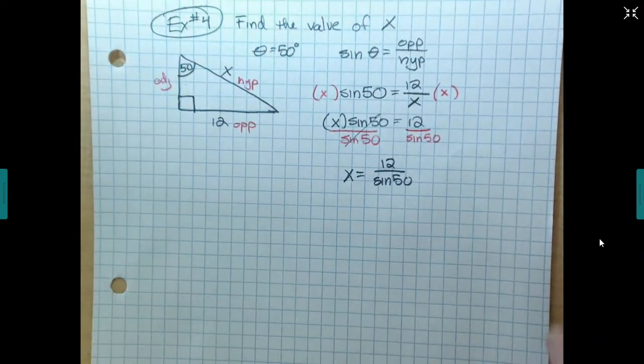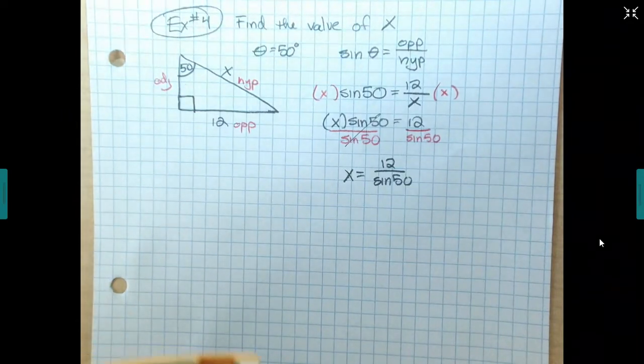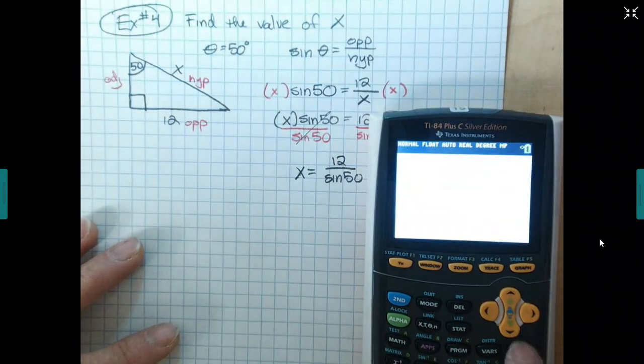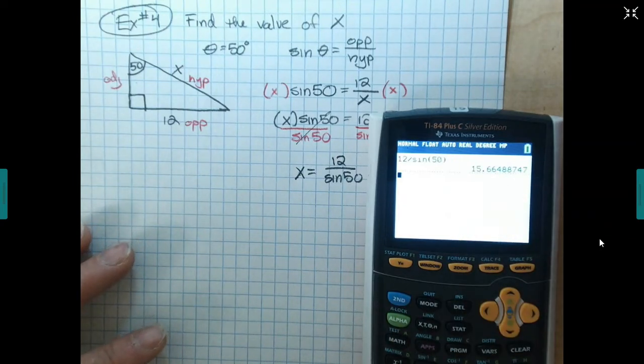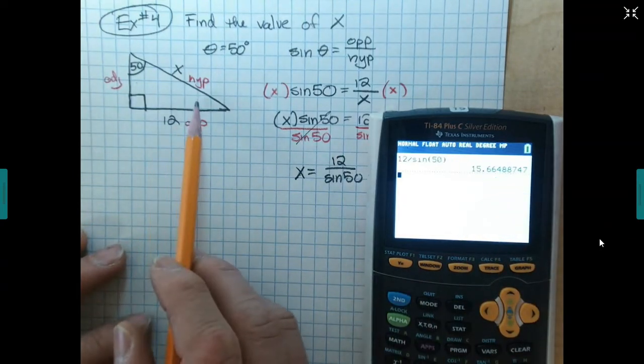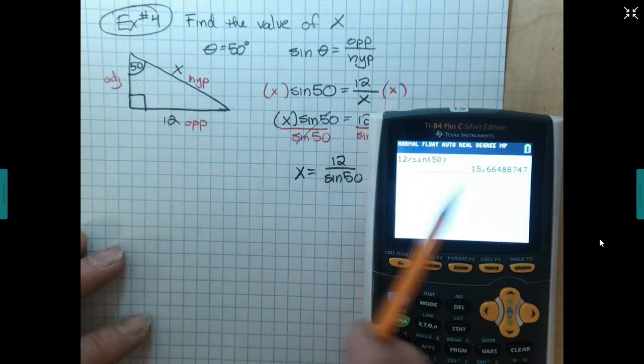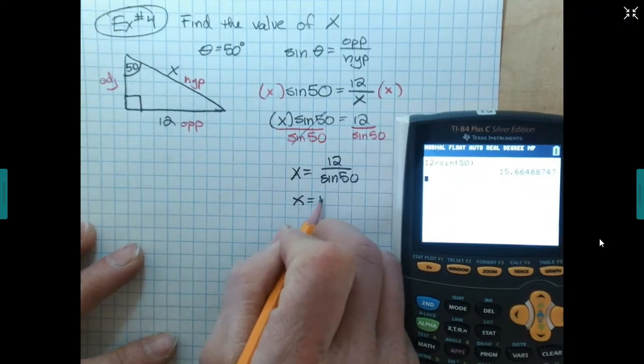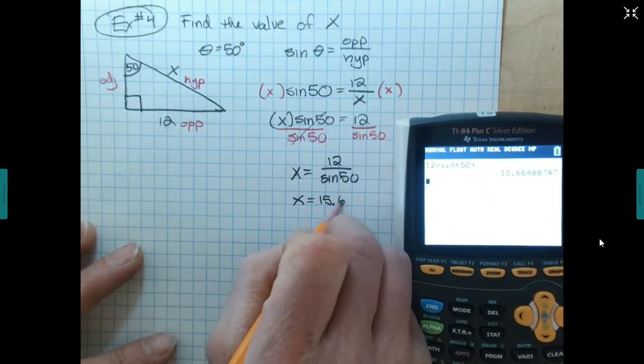If you have a calculator that works, you can simply put in 12 divided by sine 50, and you get 15.66. Well, that's 12, and the hypotenuse is longer. 15.6, that looks legit. So x equals 15.66.